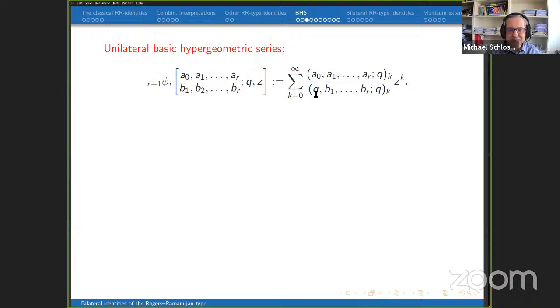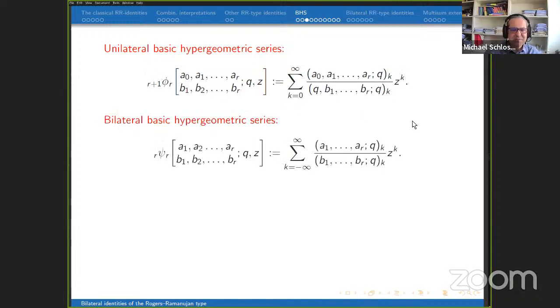In addition, with q, we have the same number, and then we have just the argument z to the k. Okay, that's a unilateral basic hypergeometric series, a so-called r+1 φ r series, and here we have an r ψ r bilateral basic hypergeometric series. Here we leave out the q, which was actually the reason that the series naturally terminates from below.